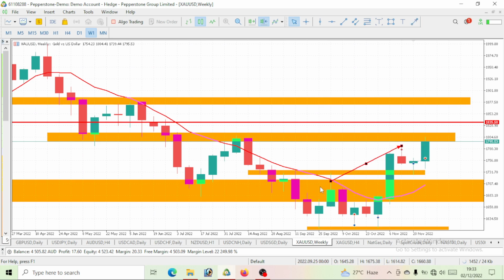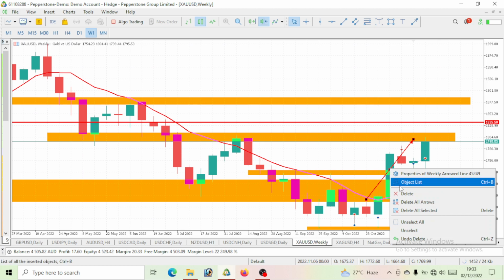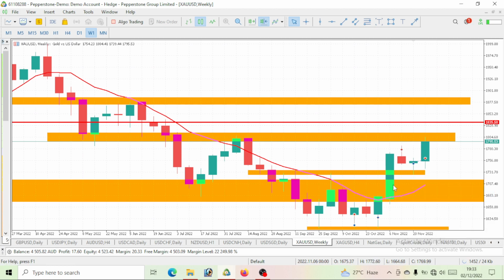Now price has broken above this moving average, especially when you want to analyze it on the weekly time frame. You can see that this price is above our moving average. So there's only one movement you all should be making, which is to actually go long on this gold. This is clearly to tell you that we are having a bullish move on this gold, right? So gold, we are to go bullish. Expect our price to open and close bullish for this week.